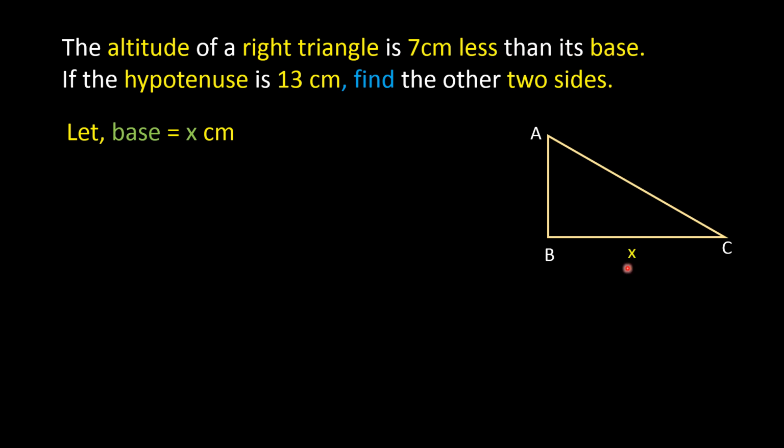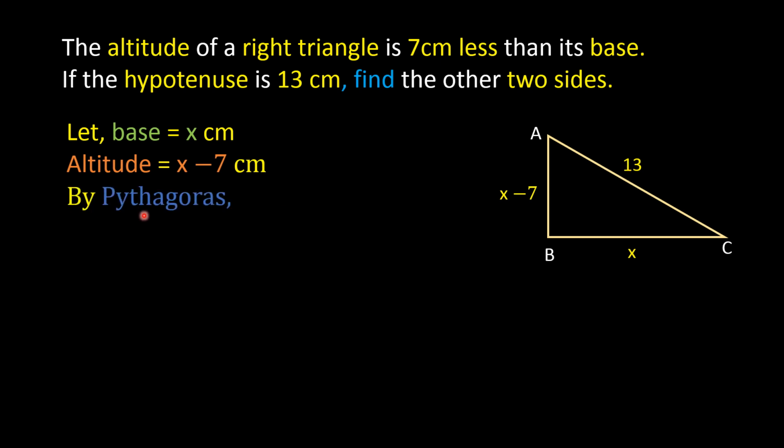Base is x. Since altitude is 7 cm less than its base, altitude will be x minus 7, and the hypotenuse is given to be 13 cm.